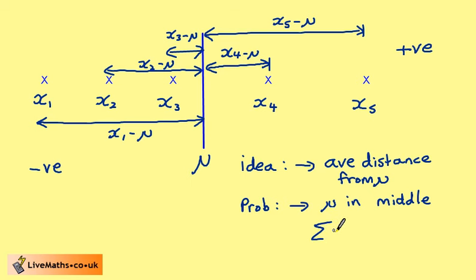So if we add up all of the xi minus mu's, that means summing x5 minus mu, x4 minus mu, x3 minus mu, x2 minus mu, and x1 minus mu, this sum comes to 0.